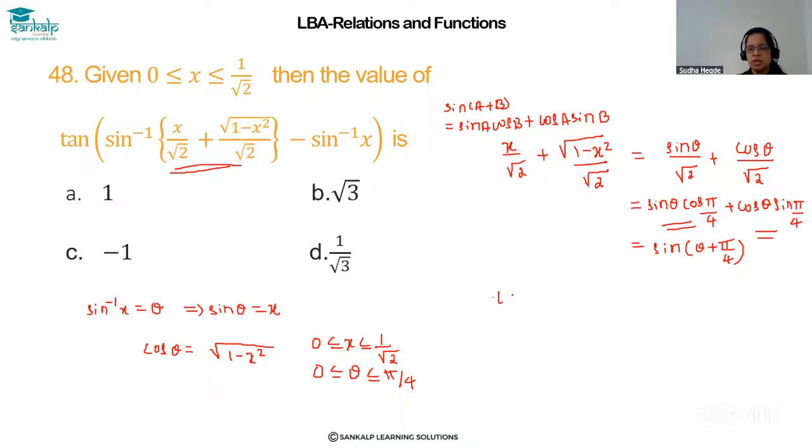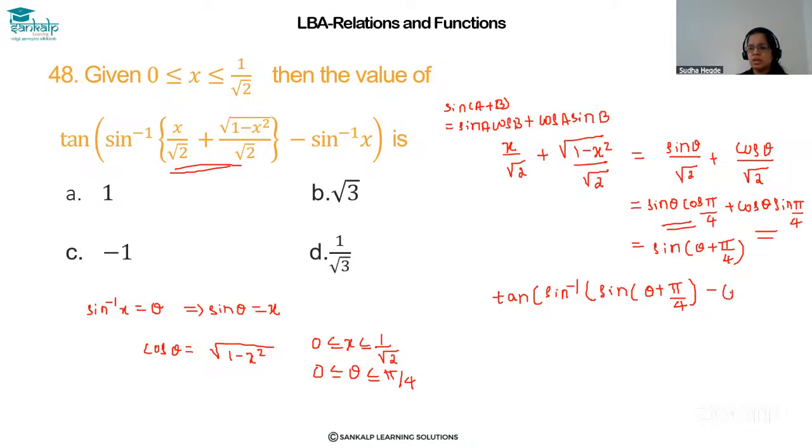So the given expression becomes tan of sine inverse of sine of theta plus pi by 4, minus what is sine inverse x?